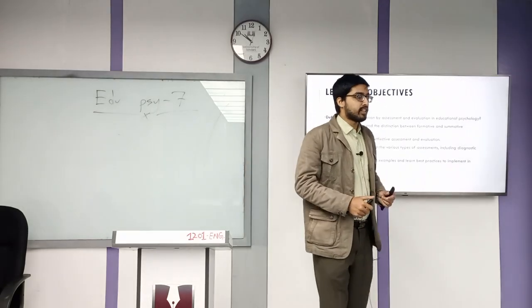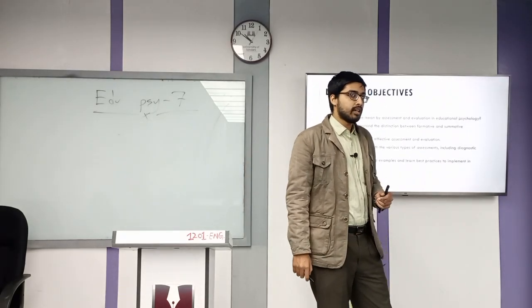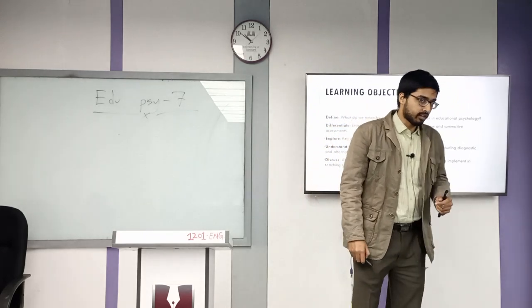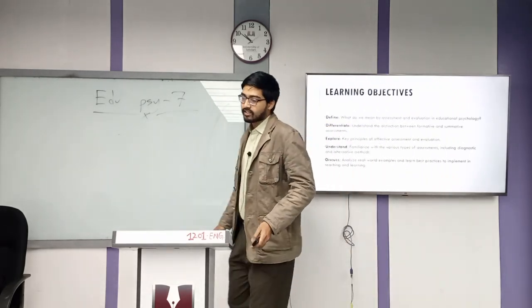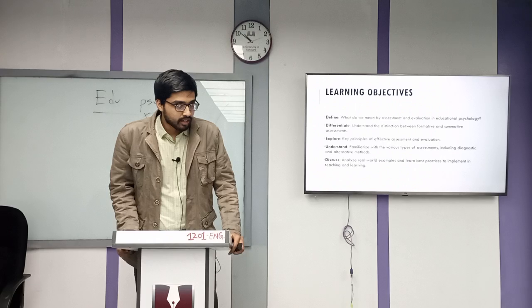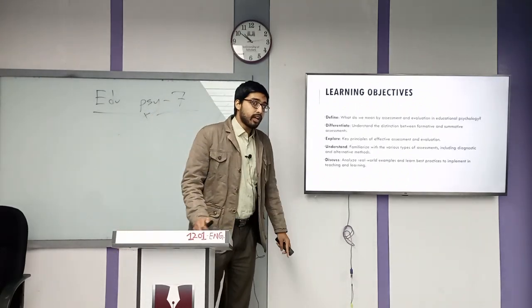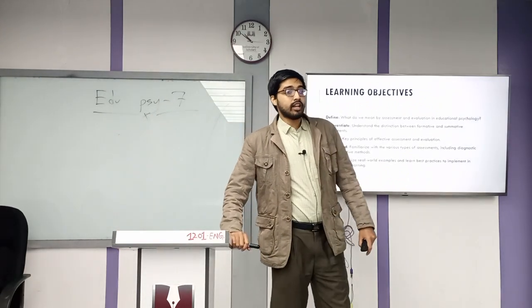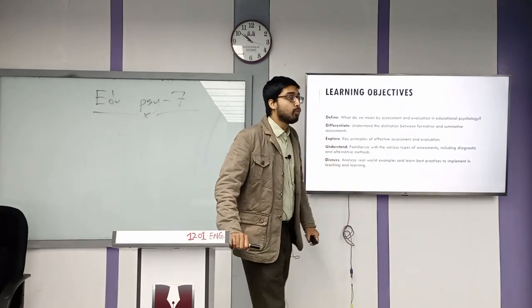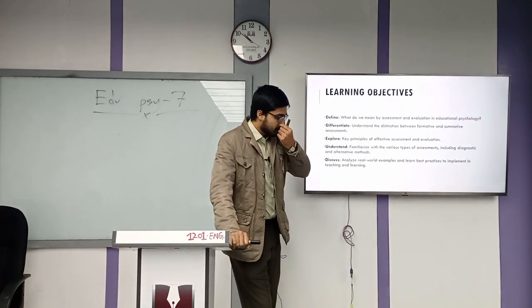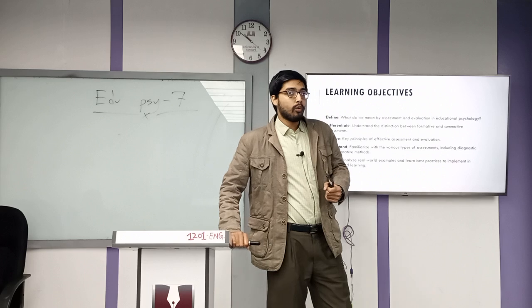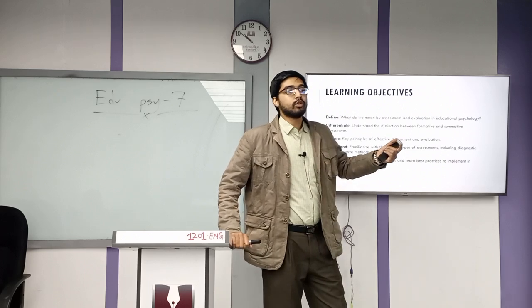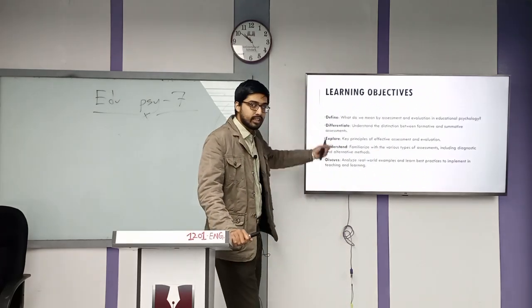So, assessment and evaluation basically are some checkings. Okay, what kind of checking? How does it work, and why should we work with that? That's going to be discussed in these slides.